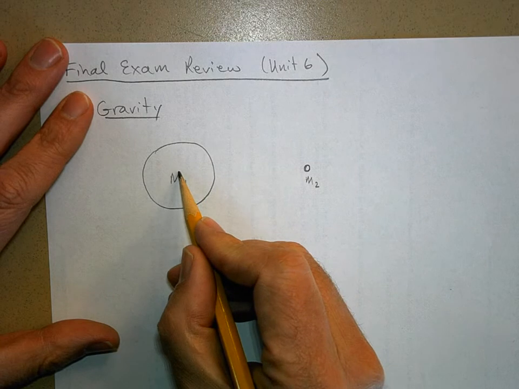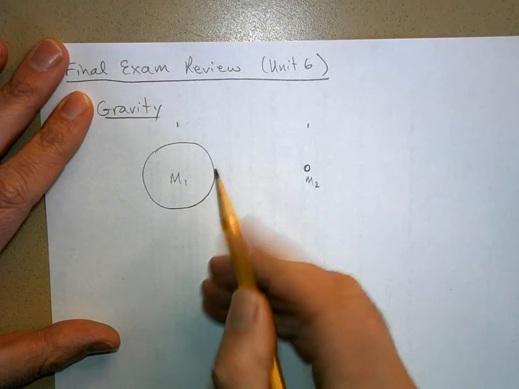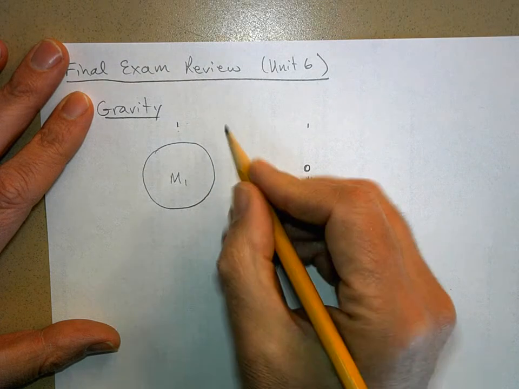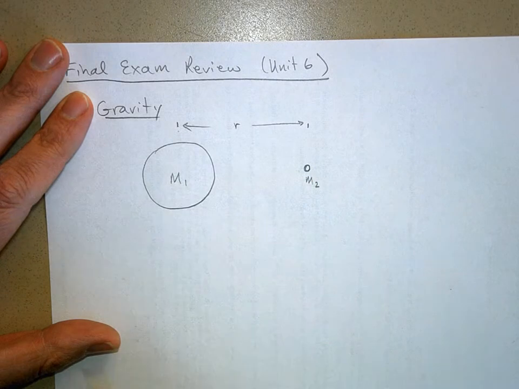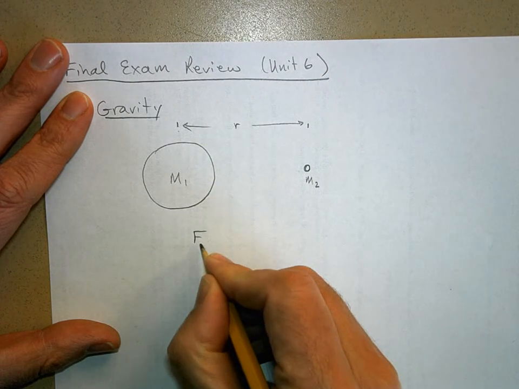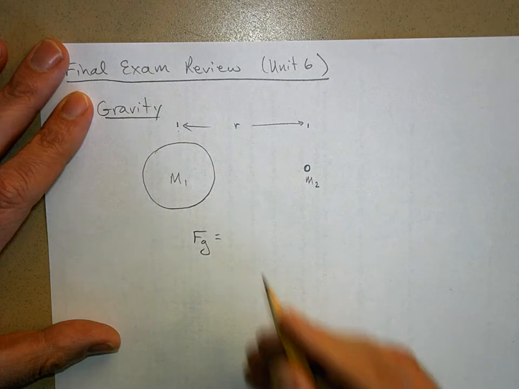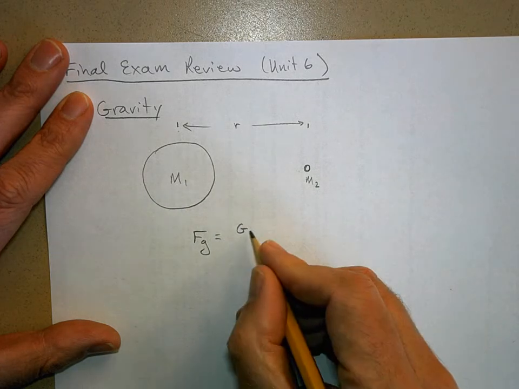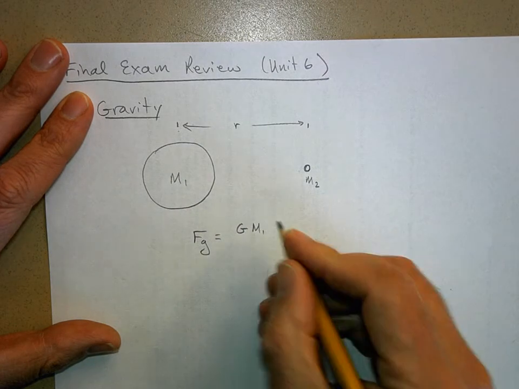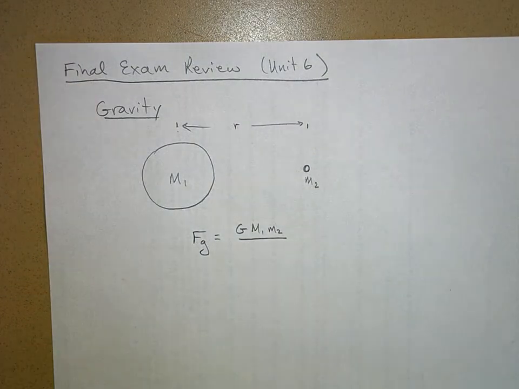And what it says is that if you measure the distance from the center of one object to the center of the other, and I'm going to call that distance r, then the force of gravity between these two objects is equal to the universal gravitational constant times the mass of one object times the mass of my second object divided by the distance between their centers squared.